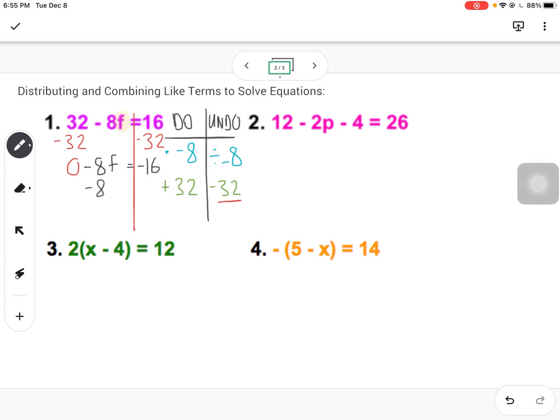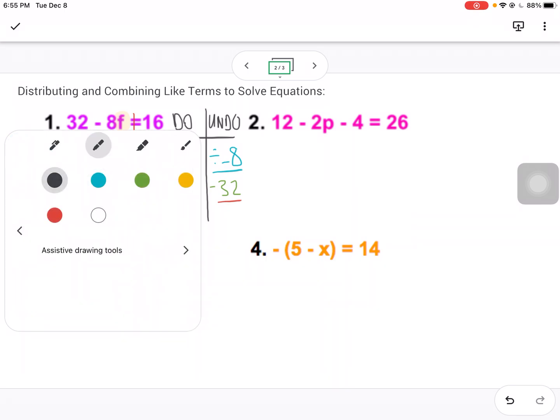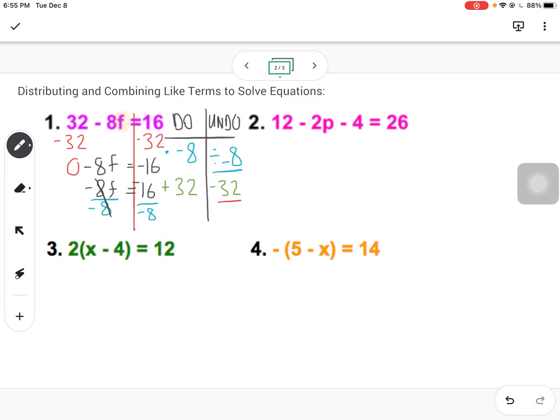So on this side we're left with -8f. On this side we're left with -16. My last step then was to divide by -8 on both sides. So this leaves me with f equals -16 divided by -8 is +2. Okay.